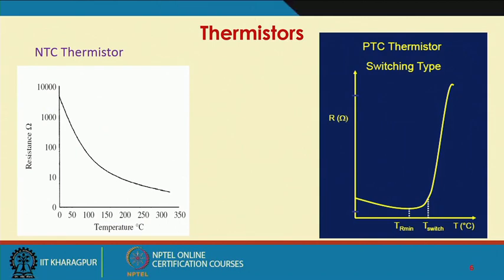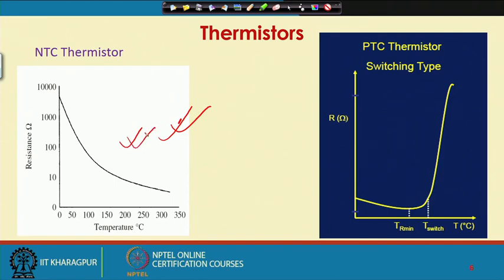This is schematically shown how resistance changes with increase in temperature for NTC thermistor. For RTD, you have seen how the resistance increases with increase in temperature for platinum, nickel, tungsten, etc. In case of NTC thermistor, resistance decreases with increase in temperature, and this is a highly nonlinear relationship.